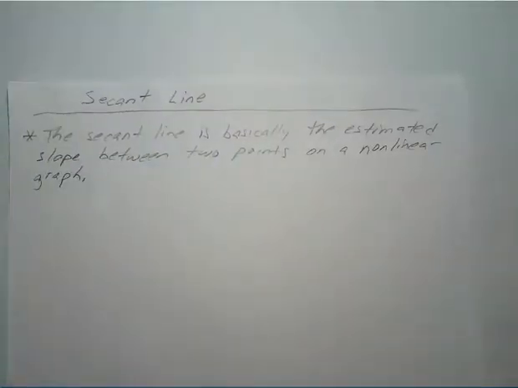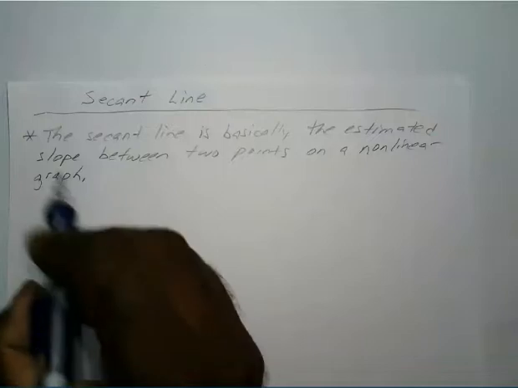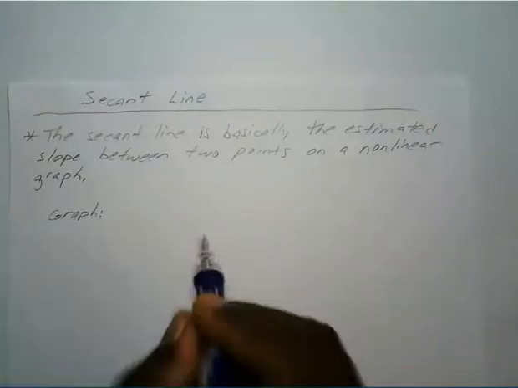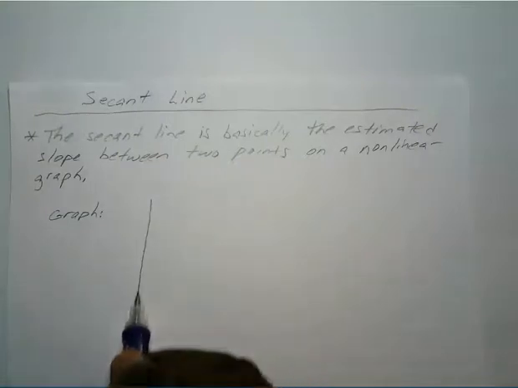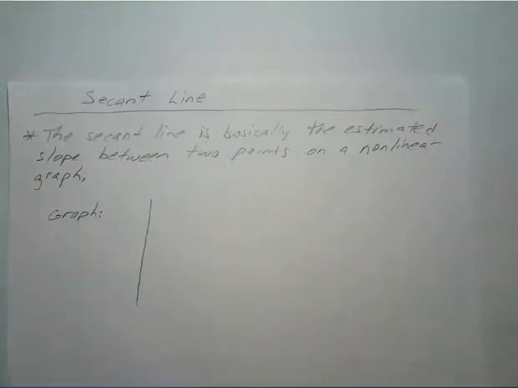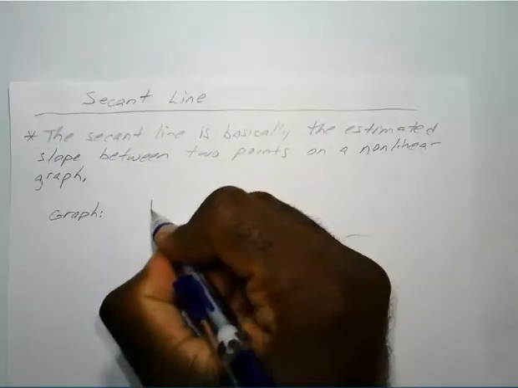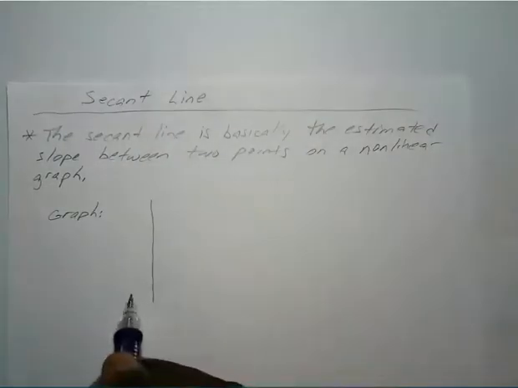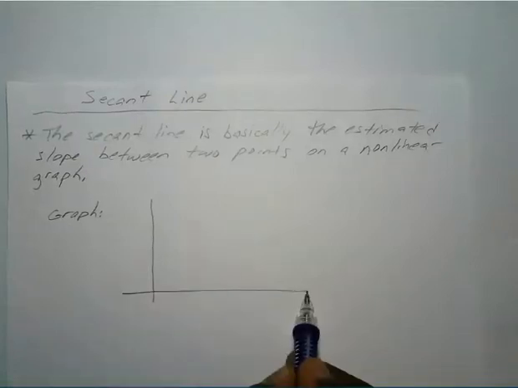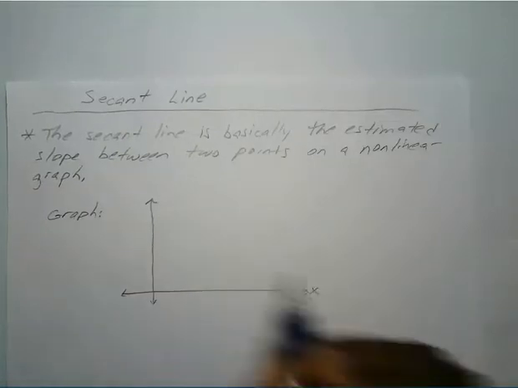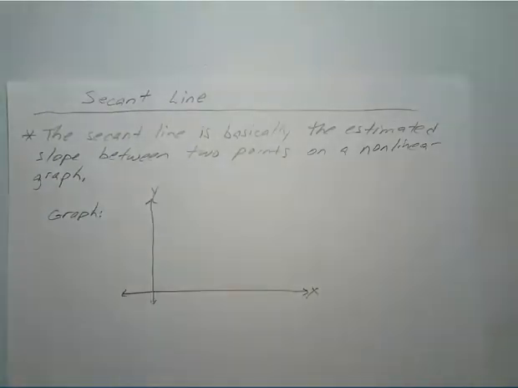Alright, so now let's look at this on a graph. Hopefully it'll make a little more sense. Let's say we have our XY axis, where this is your X and this is your Y axis.